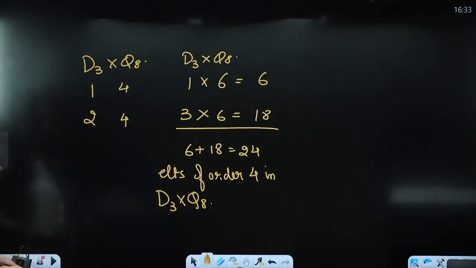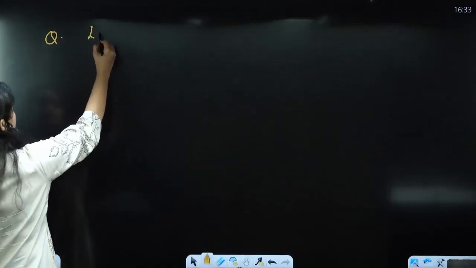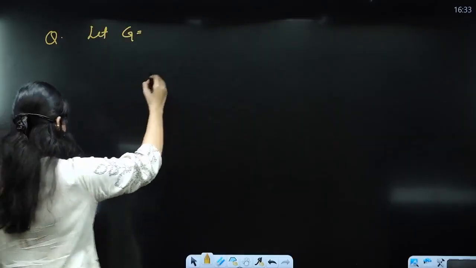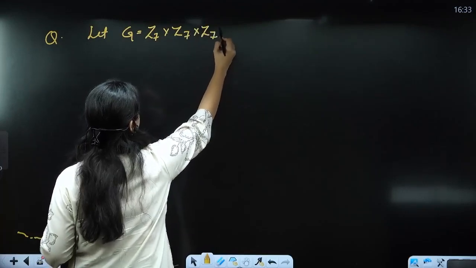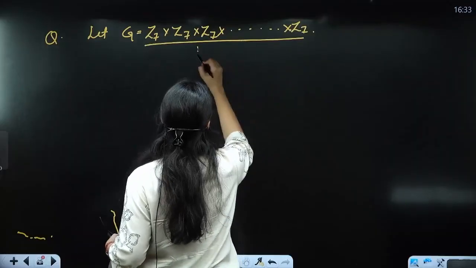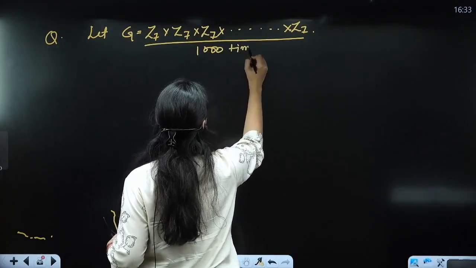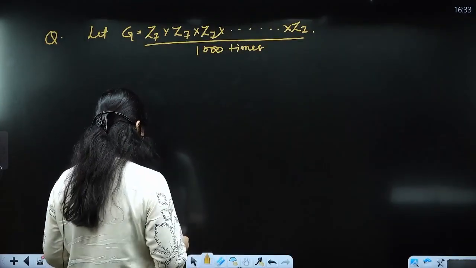Okay. Now take a question. I'm going to write one question here. I would like very much that you pause this video and try to solve this question by yourself. Let G equal Z7 cross Z7 cross Z7 cross Z7, this is 1000 times, right?